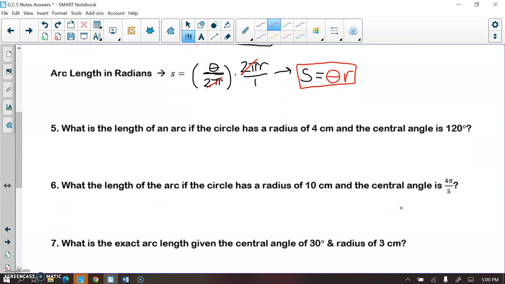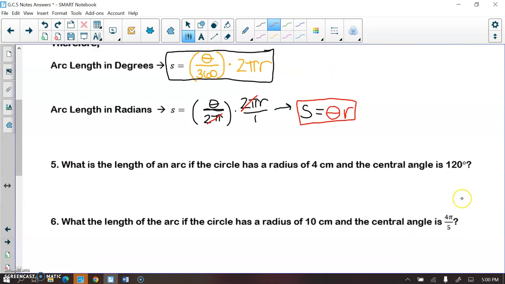So let's get started. What is the length of an arc if the circle has a radius of 4 and the central angle is 120? So we're going to use the degrees formula, so the first one. So S would be equal to 120 over 360 times 2 times pi times your radius, which is 4.